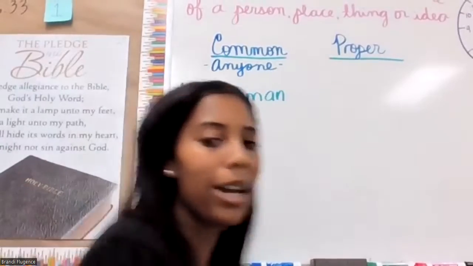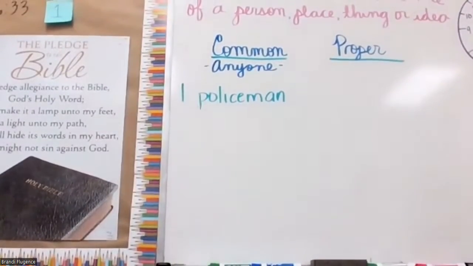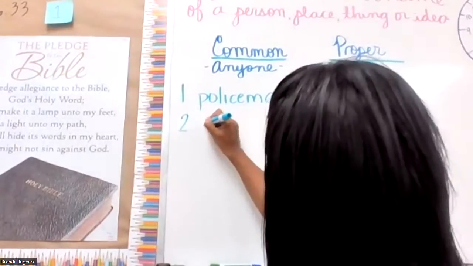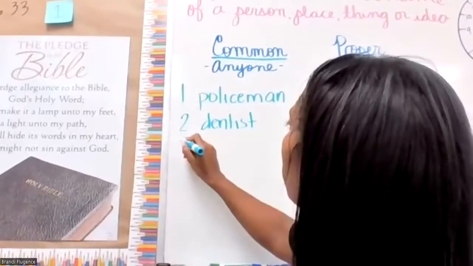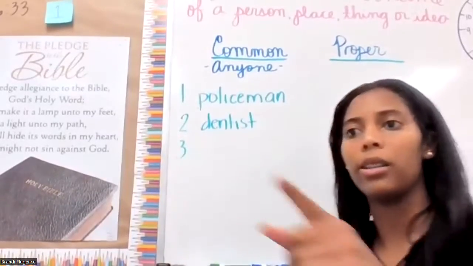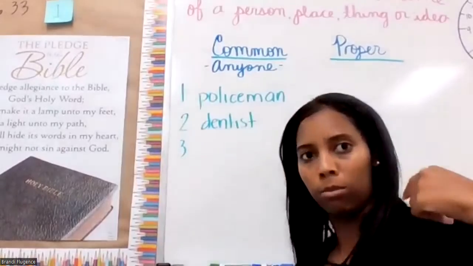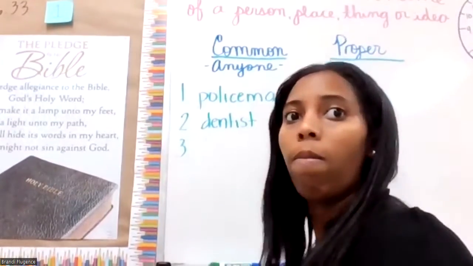Think about our list from last week. Asa? Dentist. Okay, we said a dentist. What other names did we discuss last week? Fireman. Okay, fireman, but can we talk about people in our family? Remember we gave people in our family? What did you have?